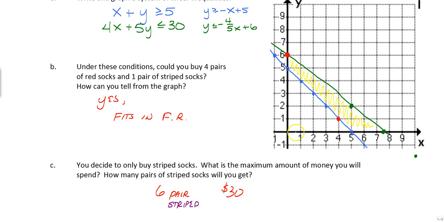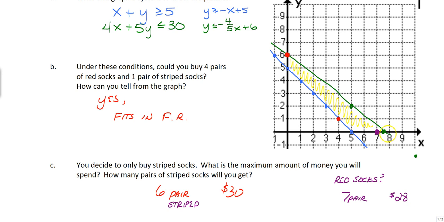Red socks is X. So sticking in the feasible region, looks like it would be 7. So if we're going to do red socks, it would have to be 7 pair. And then you have to think that's $4 per pair, so that's $28. So you would have $28 spent, which is less than or equal to 30.